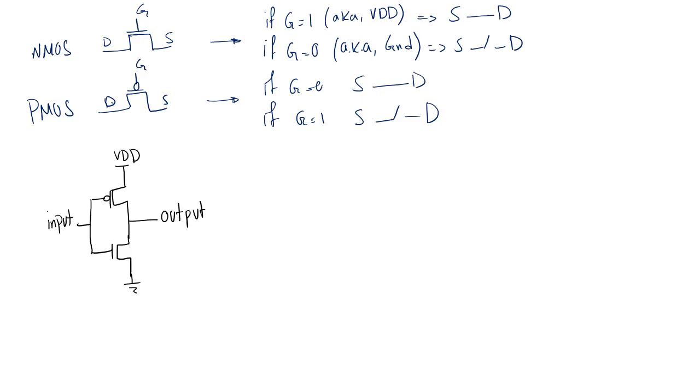Okay, so just to remind you, this is gate, source, drain, source. Okay, so you might actually ask, why is this source and this is drain, and why not vice versa? As I said, it's a symmetric device, so you don't really need to worry too much about that.